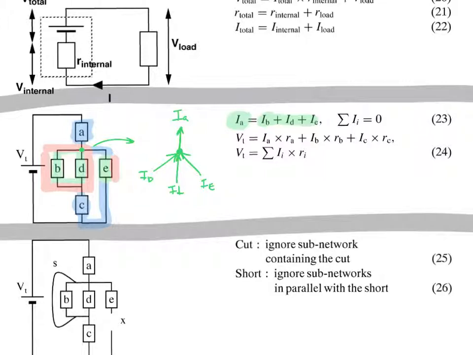So one of the things that we'll get to, I'm not going to do them today, but we'll do some more circuits on Wednesday, and we'll apply Kirchhoff's loop or voltage rule and the node or current rule, this is one we're looking at right now.